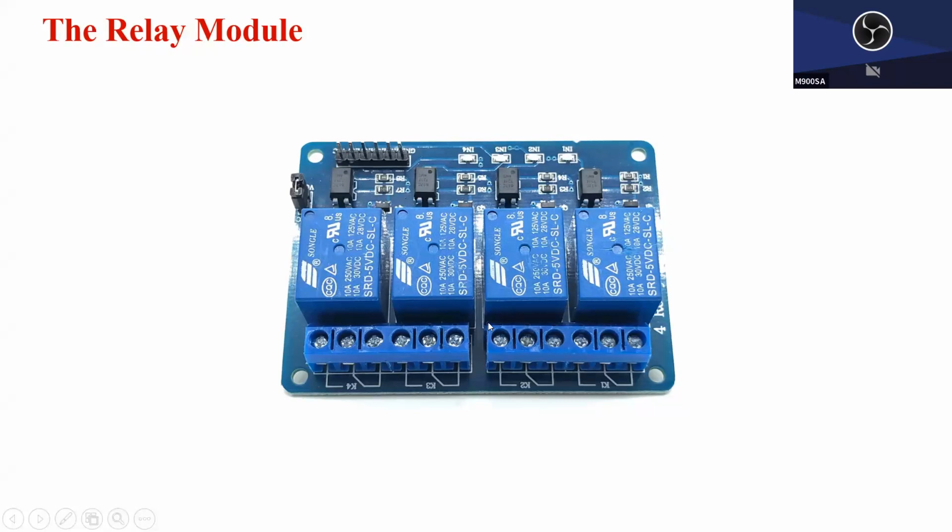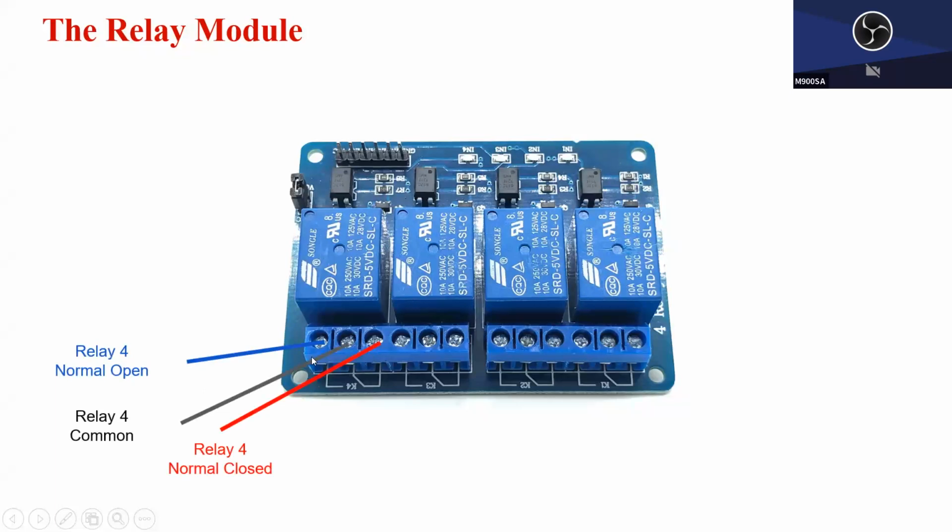This little blue guy here is a relay, a single relay. And on one relay, we have 3 ports. This one, and this one. These 3 ports, we give them names: normal open, common port, and normal closed port.